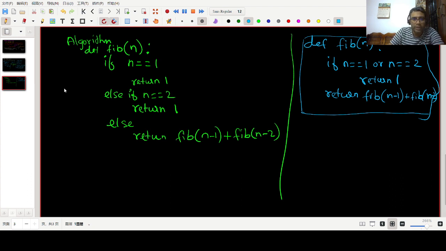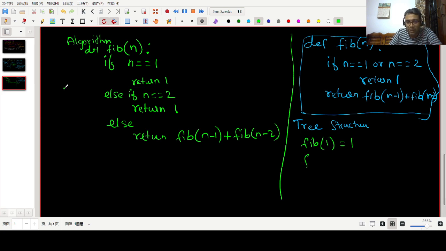Let us draw the diagram, right? Tree diagram, tree structure. Let me draw. If I pass fib of 1 to this function, what will it return? It will return 1, because n equals 1 returns 1.